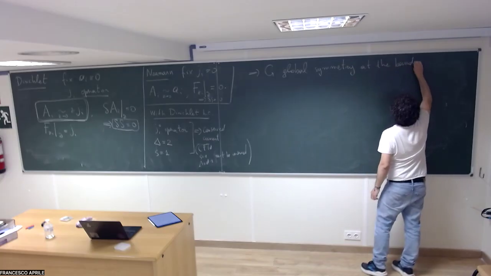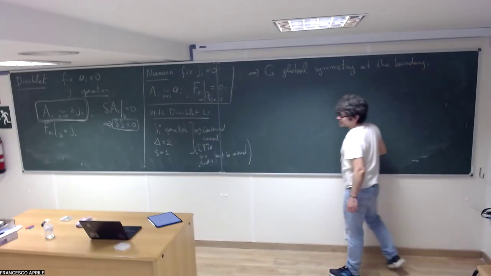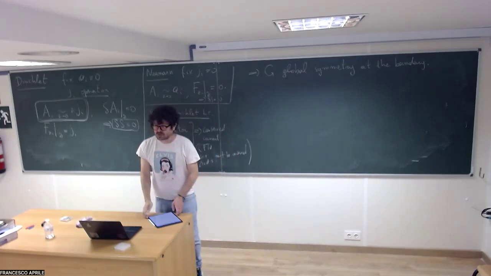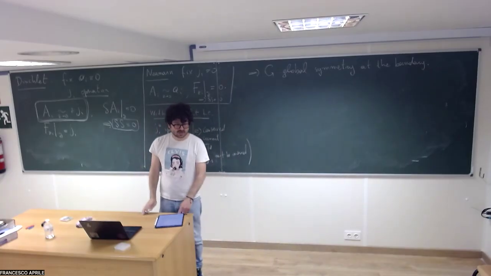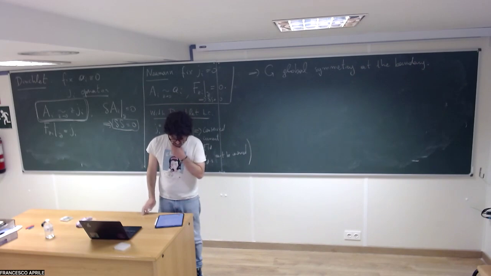Now, let me make contact with what Andrea was saying. What is this global symmetry? What does it have to do with the G gauge redundancy that we have in the bulk? Well, it has to do with the following.